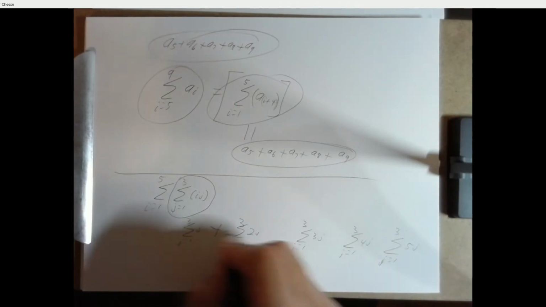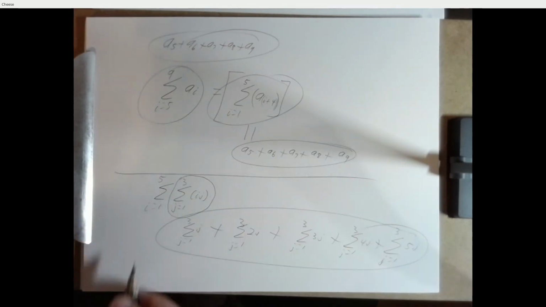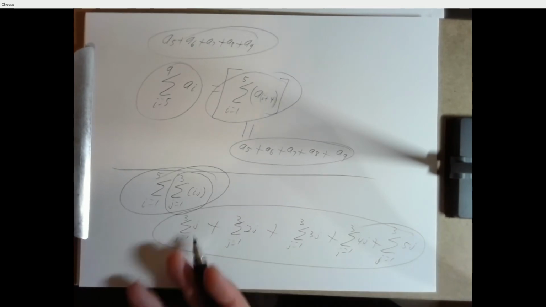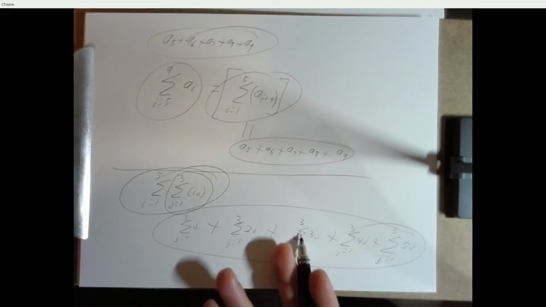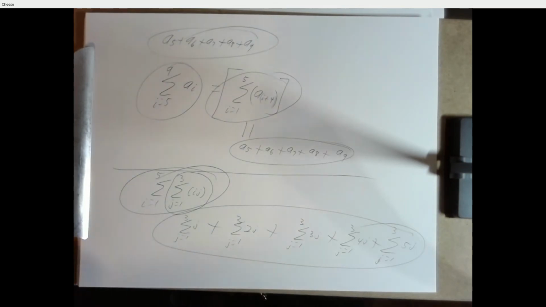And since it's a summation, add them up. So this whole expression is the same thing as this expression. And how do you find what the value of this is? Well, figure out what each of these individual summations is, substitute them in, and then do your big addition. Okay, so we'll have an opportunity to do this on the board as well.